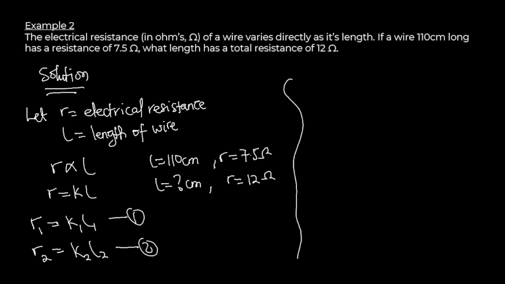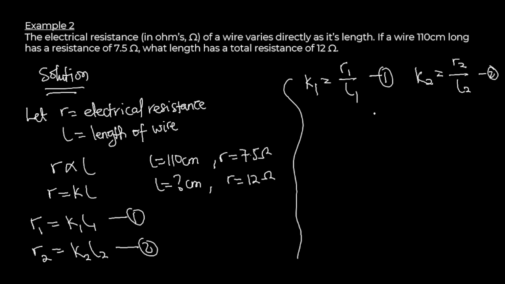From here, let's try to make K1 and then K2 the subject. So if we make K1 the subject, it means we divide both sides by L1. So we now have K1 equal to R1 on L1 from equation 1. And then we now have K2 to be equal to R2 on L2 from our equation 2.